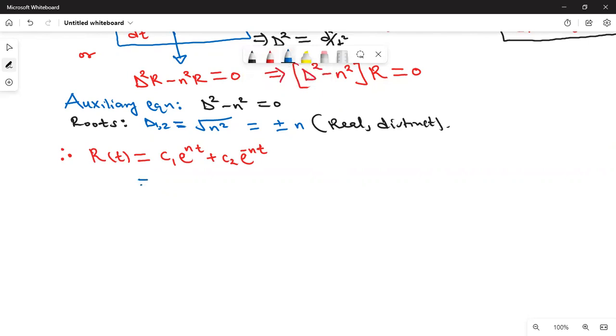This can also be written as C1 exponential t raised to n, plus C2 exponential t raised to negative n. Remember, laws of indices. But now, what is exponential t? Look at where we started with the substitution. Let me take you up.